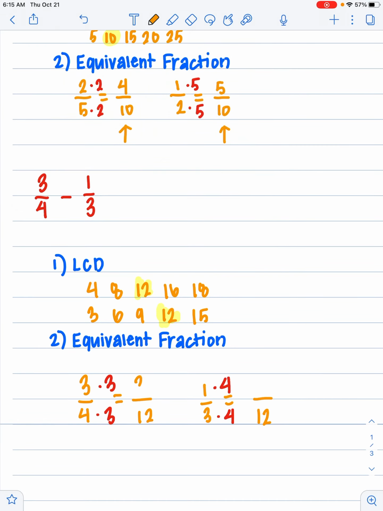So I end up with 9 over 12 and 4 over 12, and I'm going to replace 3/4 with 9/12, and I'm going to replace 1/3 with 4/12. So I end up with 9/12 minus 4/12, which is 5 over 12.